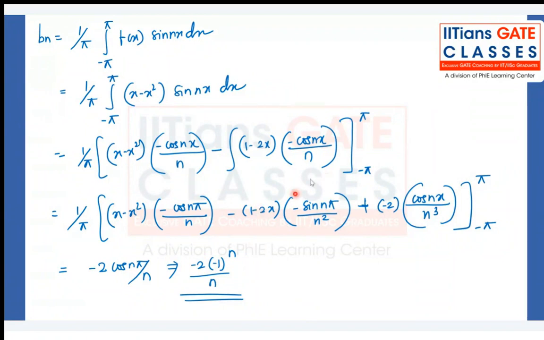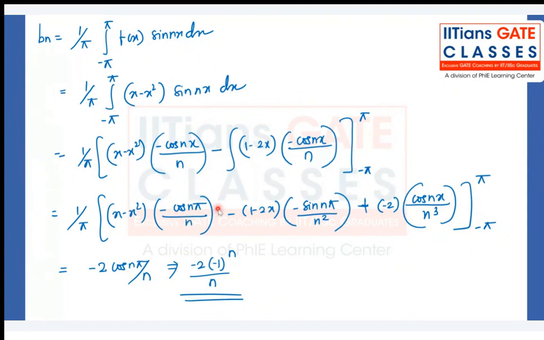So this term which is in between will get cancelled. Also, when you put the limits, finally you will end up with minus 2 cos of n pi by n. And you know cos of n pi can be written as minus 1 raised to the power n, and the n is in the denominator as it is. So in short, the bn can be represented like this.